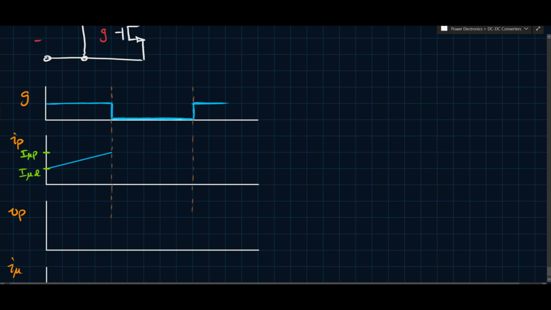And then it goes down to 0 because it's not conducting anymore, and then it stays at 0 for that much time, and then it'll jump back up here, and then it'll continue on as it has before.